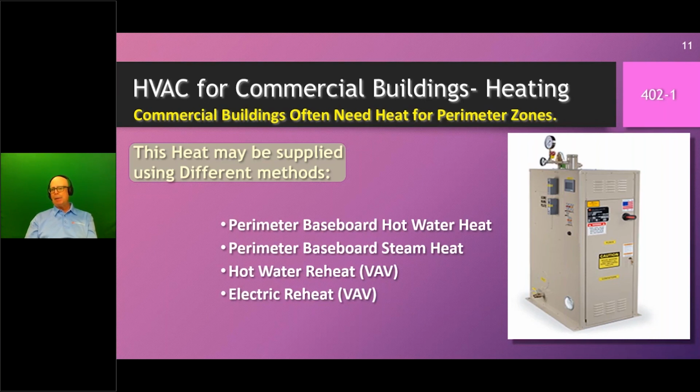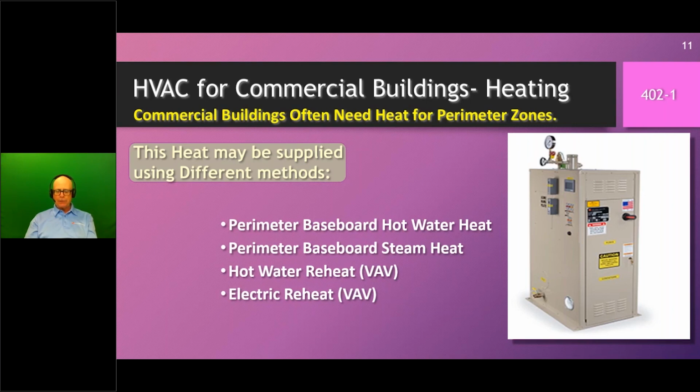And that could be provided by baseboard hot water heat, baseboard steam heat. So we're probably going to have a small boiler in these small commercial buildings again. If we've got variable air volume, which we will talk about in a few moments, we could have hot water reheat.